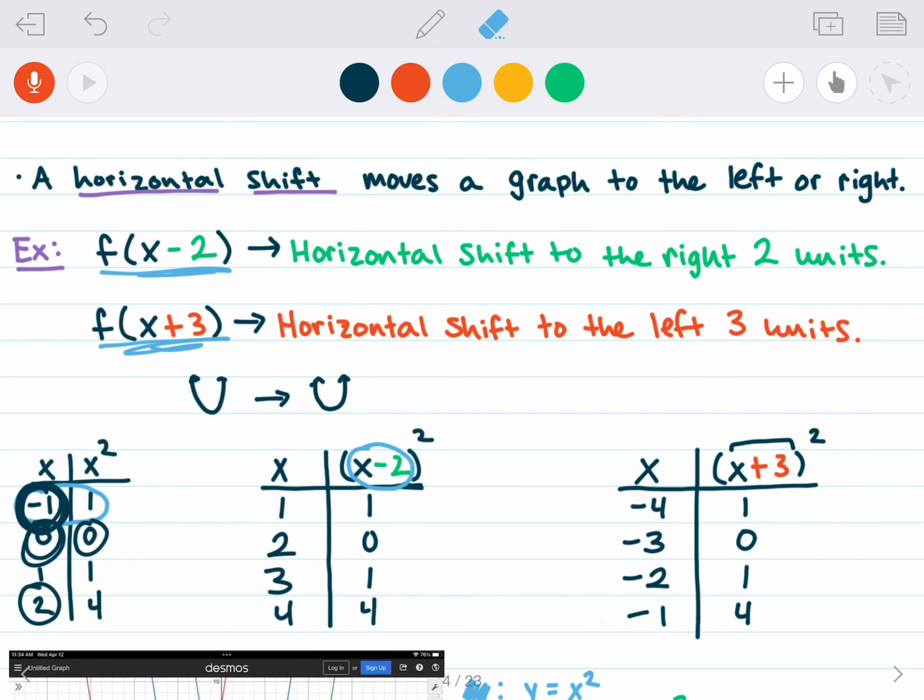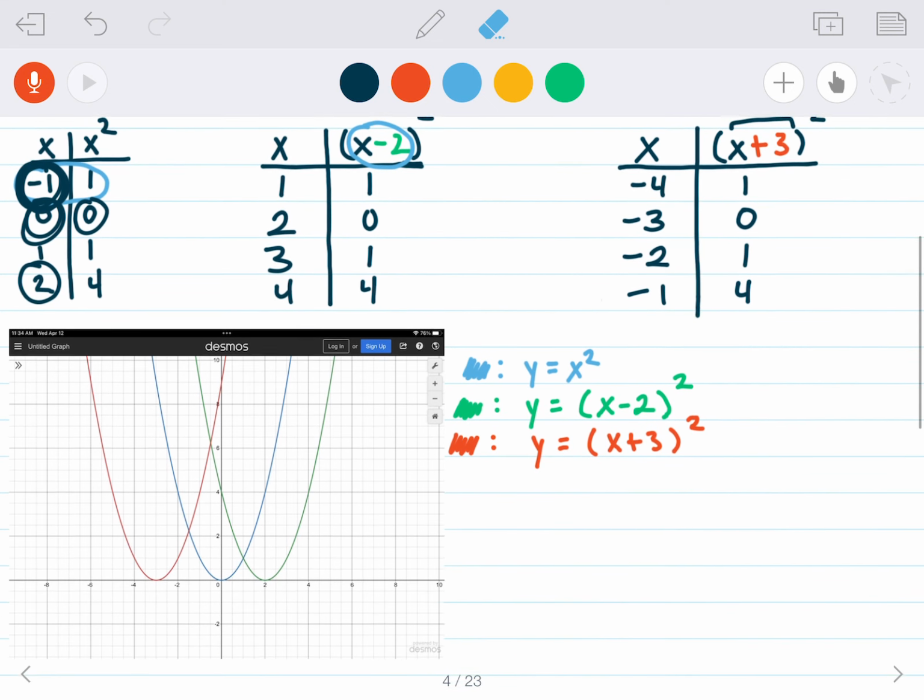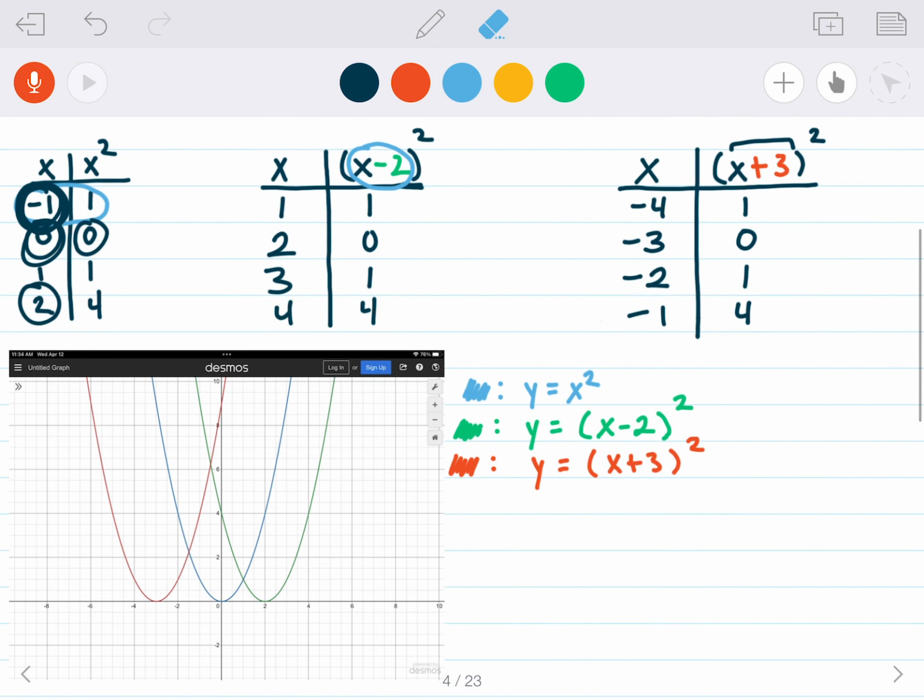So let's take a look at what this looks like on Desmos. In blue, again, we have our parent function y equals x squared. In green, we have it shifted to the right 2 units. And in red, we have the parent function shifted to the left 3 units. Notice that the shape of the graph, the y values, are not changing at all.